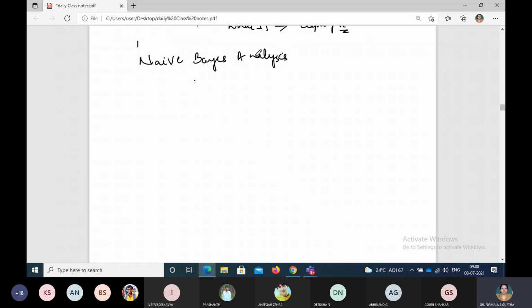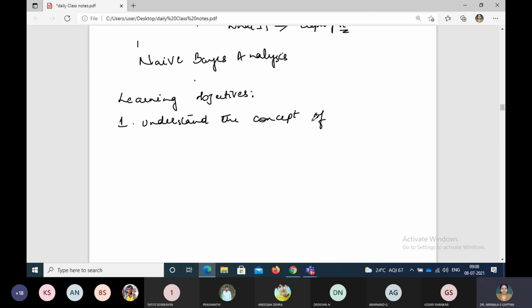So the learning objectives are, number one, we need to understand the concept of naive-Bayes analysis as a classification technique.